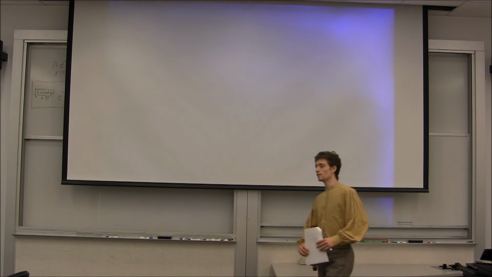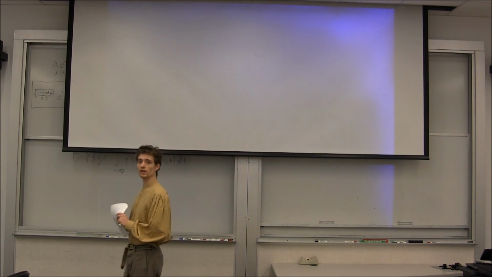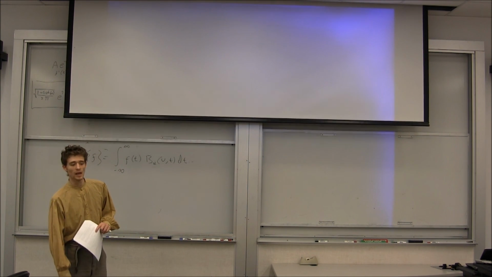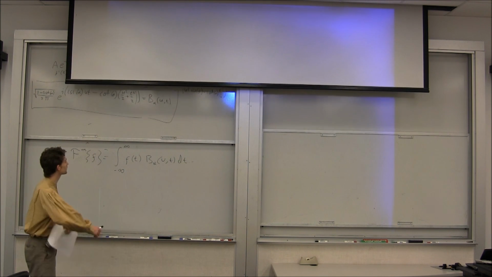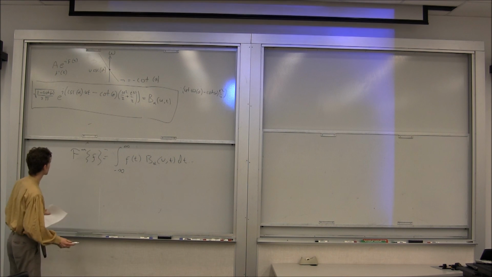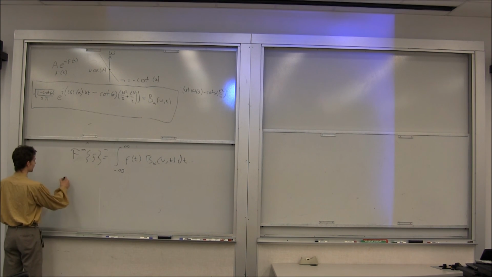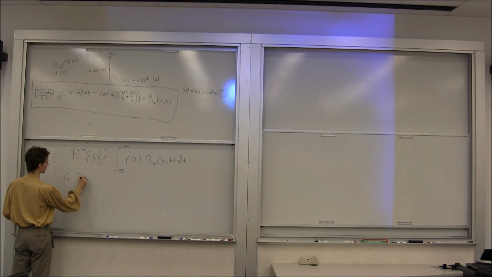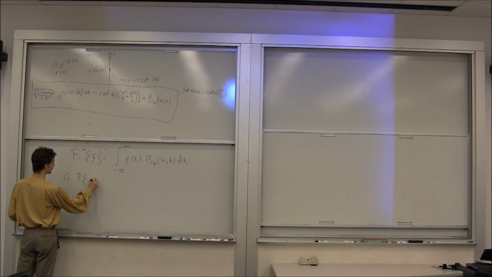However, the derivative of the fractional Fourier transform with respect to alpha is messy enough that I'm not going to write it down here, but it ends up being expressed as a constant times the fractional Fourier transform of f.